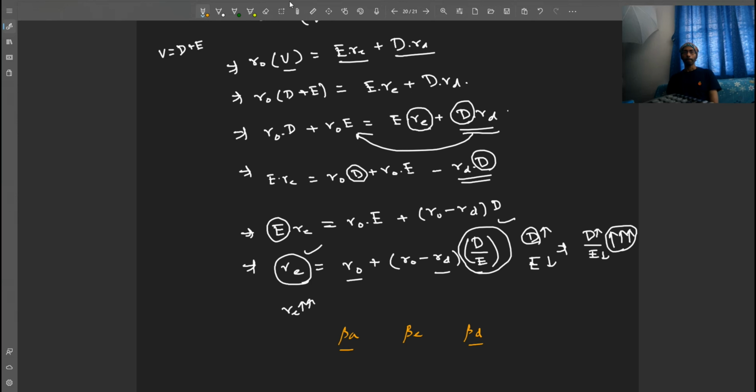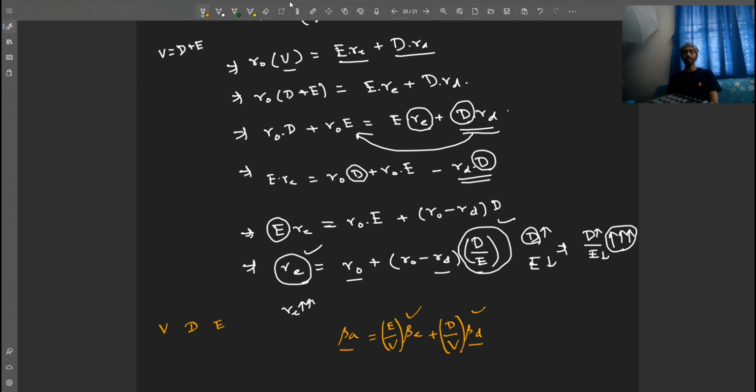Basically, beta of assets is the weighted average of beta of equity and beta of debt. So let's say the firm has a total value of V, its debt market value is D, and its equity market value is E. So beta A is given by value of equity divided by total value multiplied by beta of E plus value of debt divided by V multiplied by beta of debt.